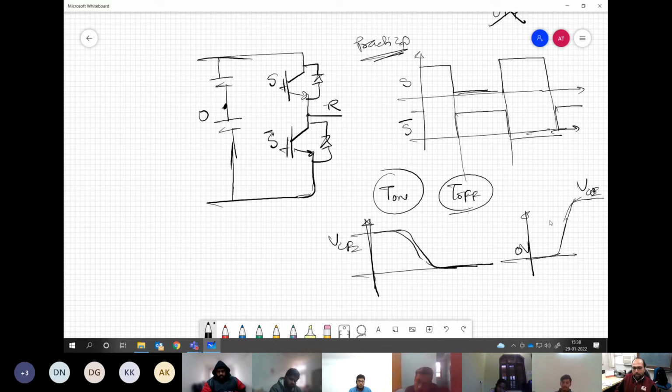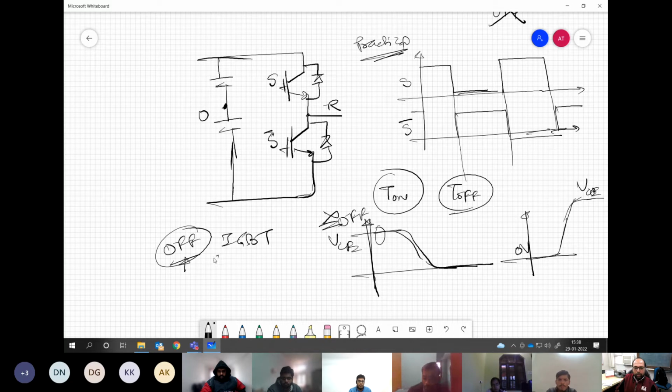Unless it reaches this off state, it cannot block any voltage. You understand my point? Unless the device reaches its off state, the IGBT cannot block any voltage. If it is somewhere in the middle, the device is still not in a condition to block the voltage you are asking it to block, VDC.